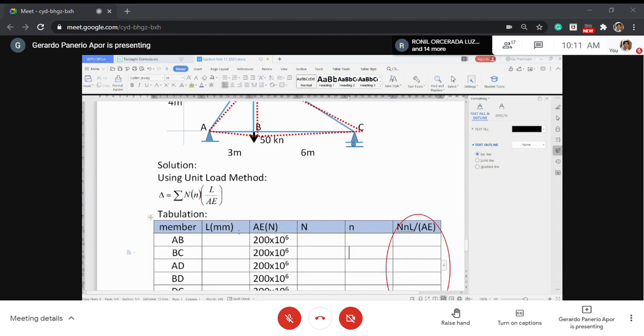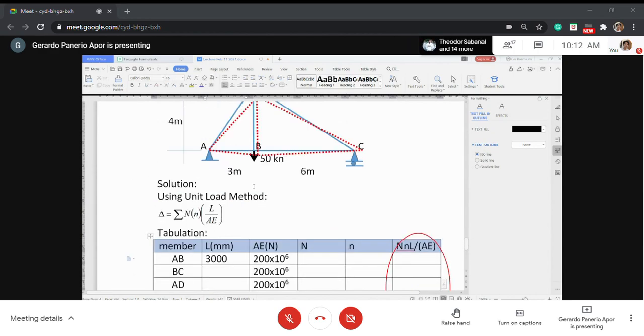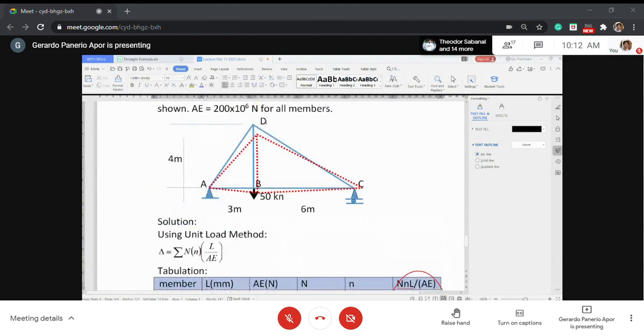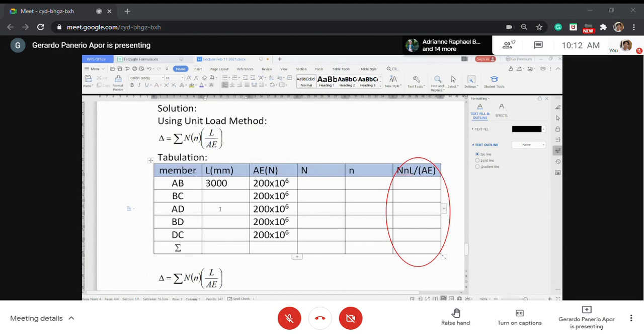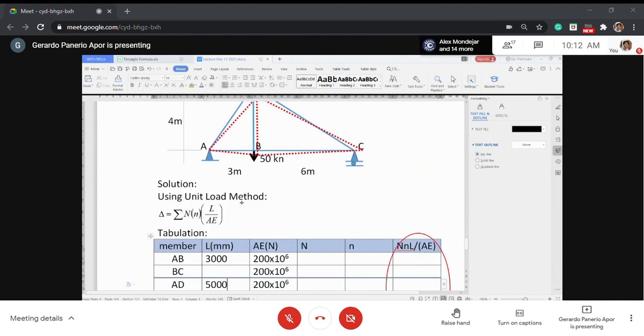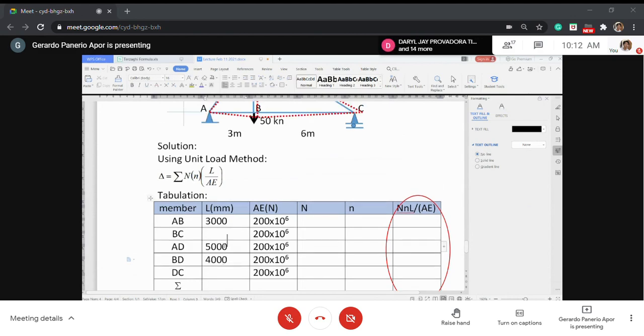Okay. Now for AB, that's 3,000. Now ED is 5,000. BD is 4,000. BC is 6,000.